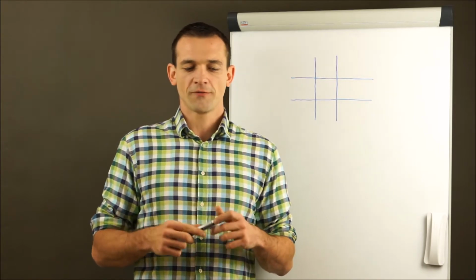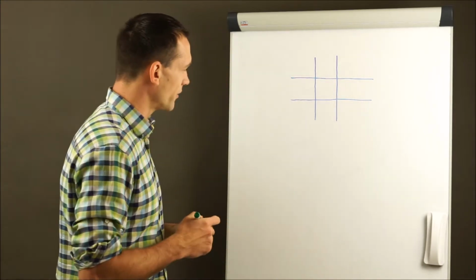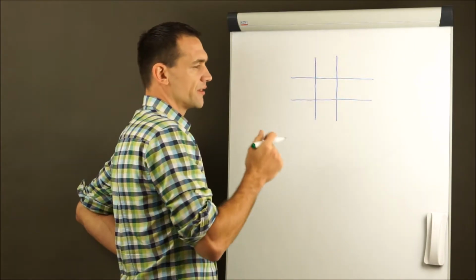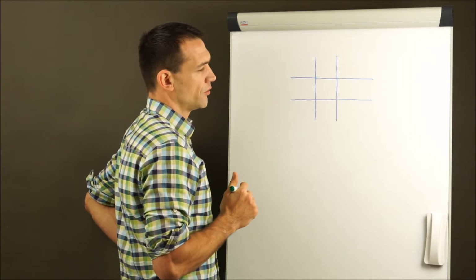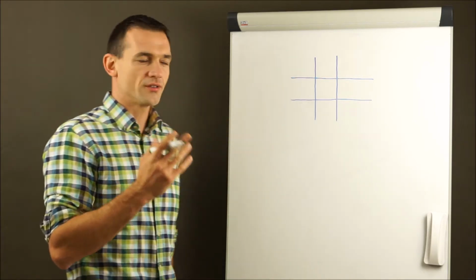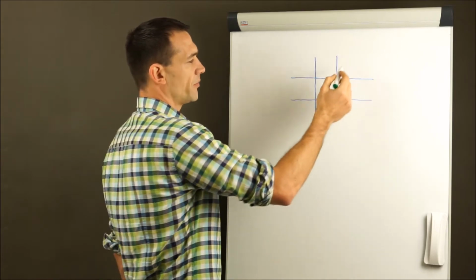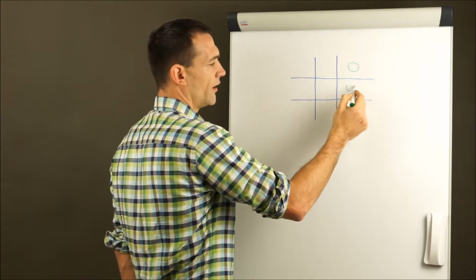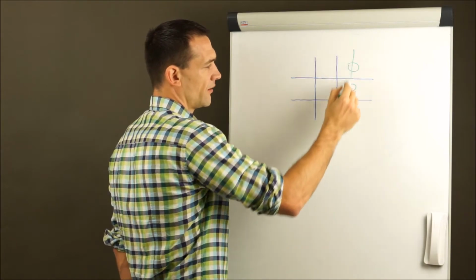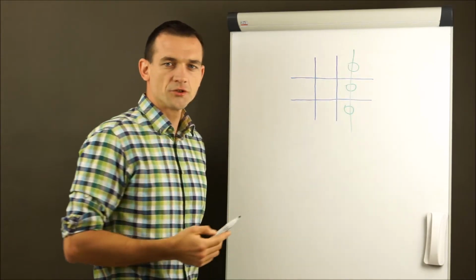Alright, for the sake of format, let's quickly remind ourselves of the rules. In order to win in this game, you have to get 3 figures of your choice in a row. For example, it might be a vertical row. This is the winning situation.